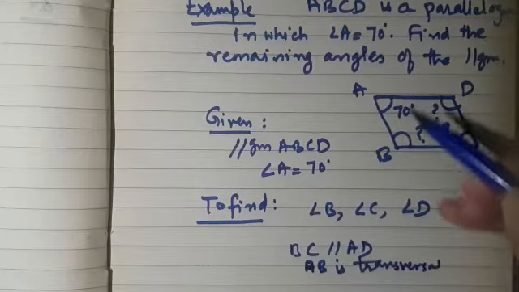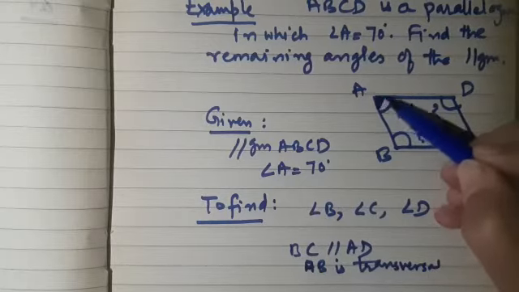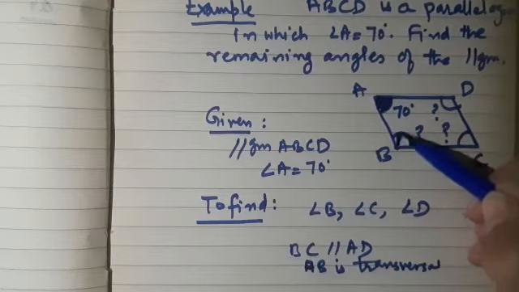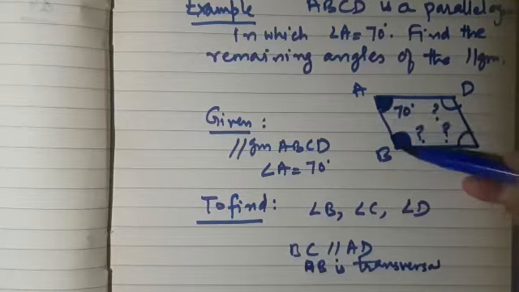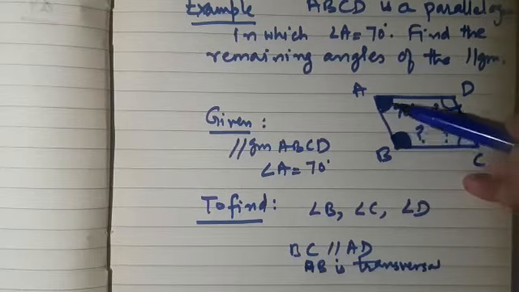So do you see a relationship between angle A and angle B? Yes, this you have done in your chapter parallel lines and transversal. Yes, interior angles on the same side of the transversal, they are supplementary.